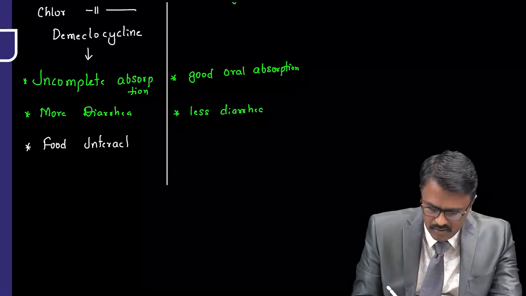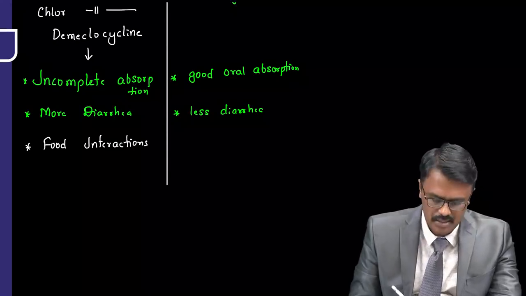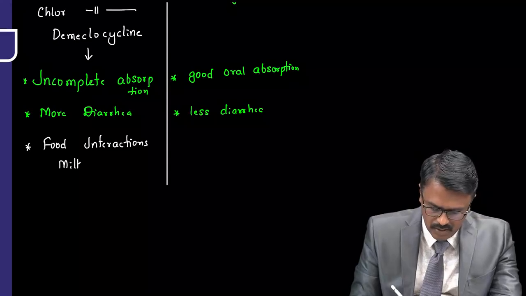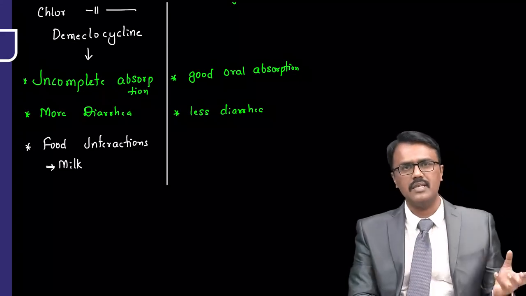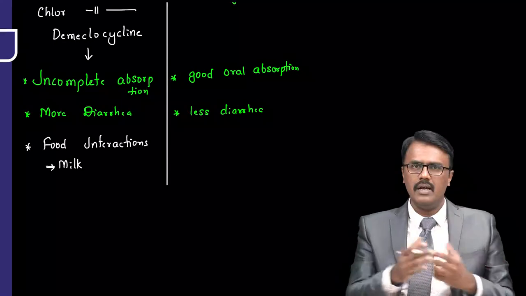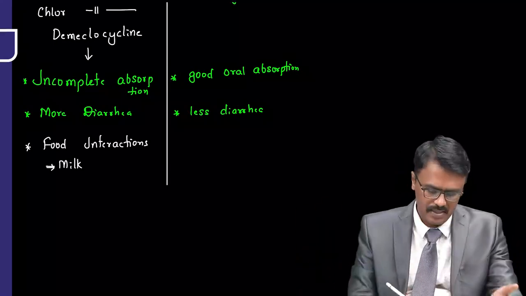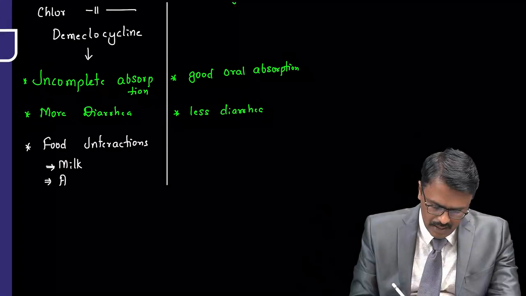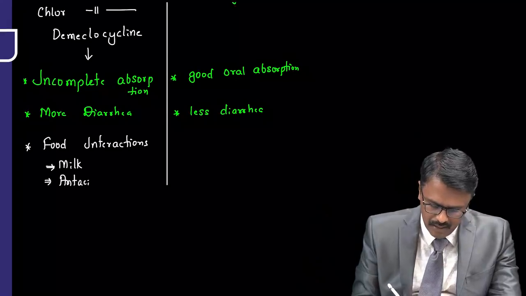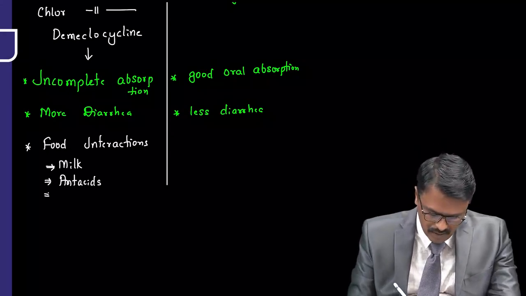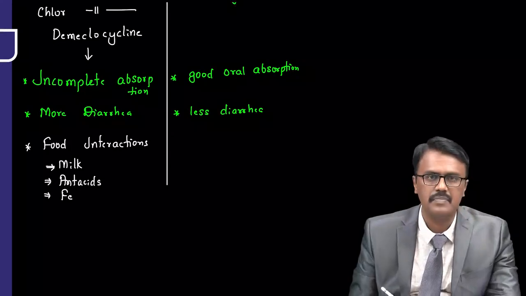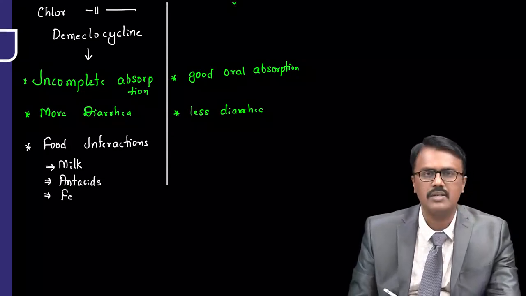You cannot give them with calcium, that is milk. Milk contains calcium, and calcium and tetracycline will bind, so tetracycline will not get absorbed. Any ions like antacids, which contain magnesium and aluminum, form a complex. It even forms a complex with iron. So it has more food interactions.